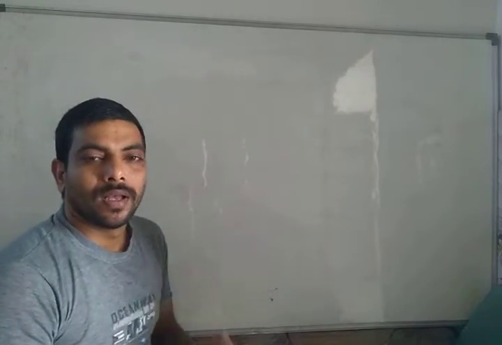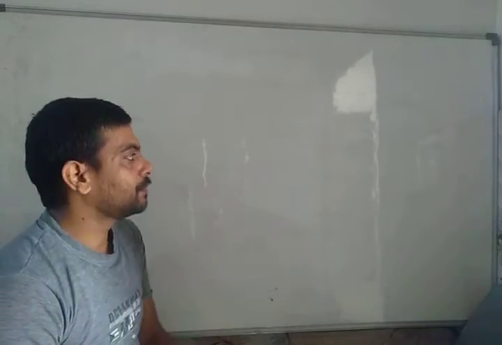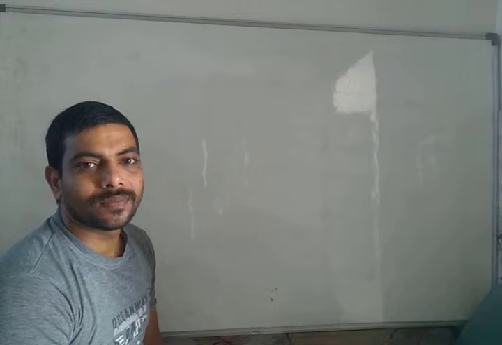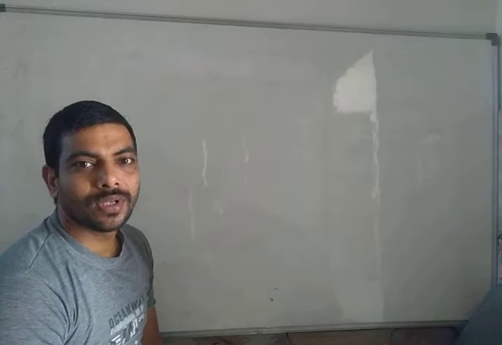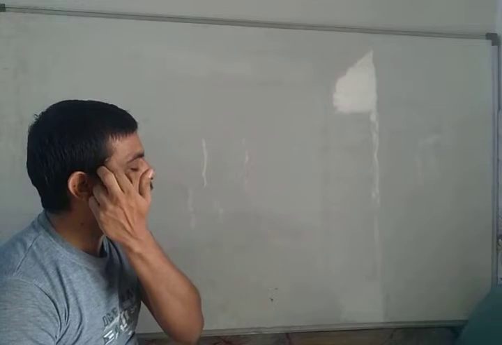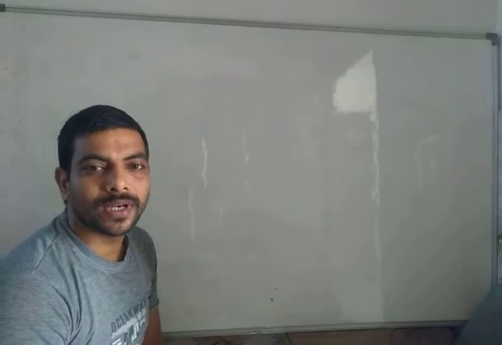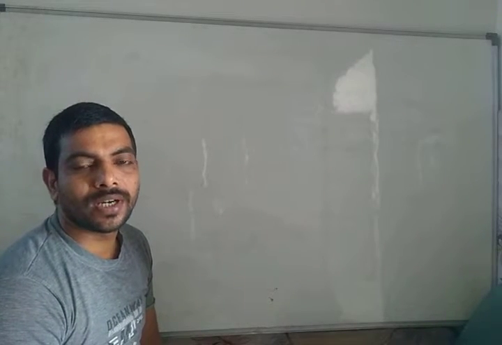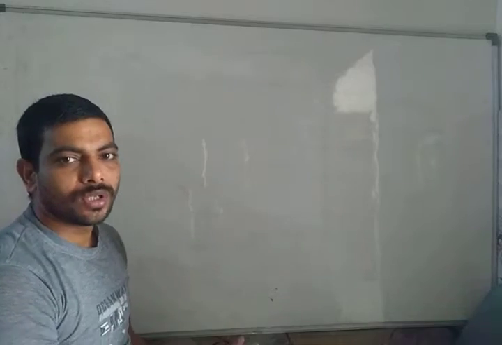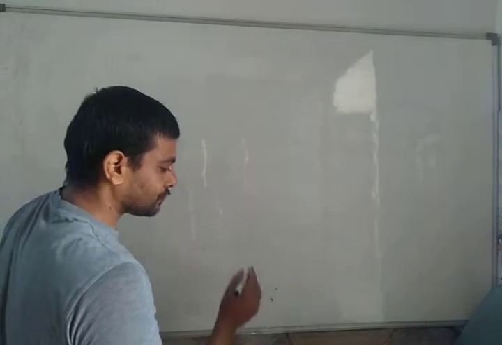So in our last class we discussed imperfections or defects. Here I'm just trying to explain the imperfections or defects in the form of a flow chart. So here it is.